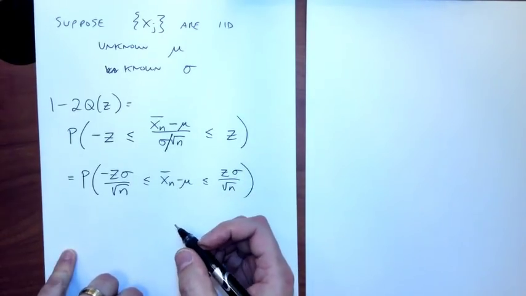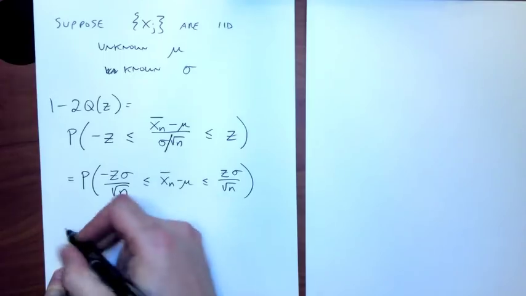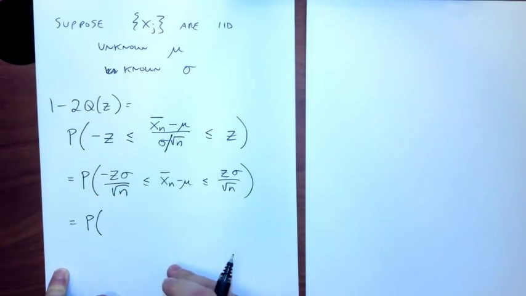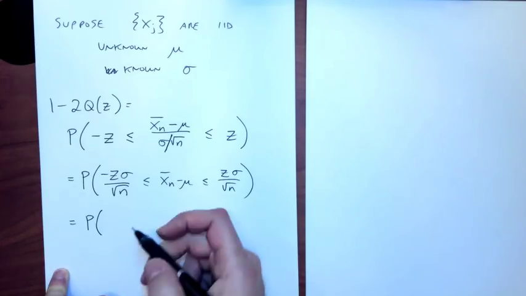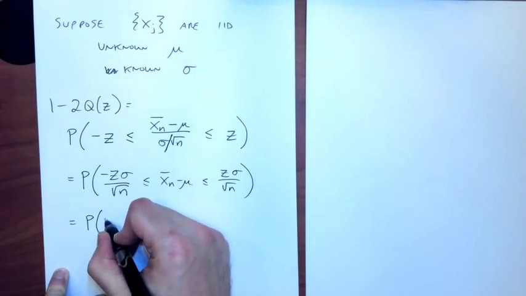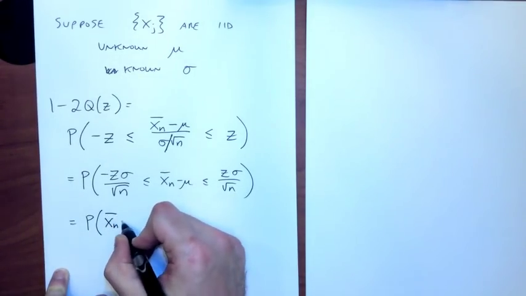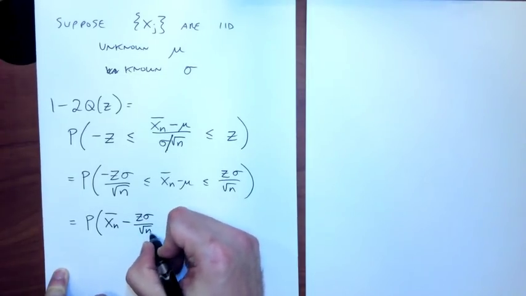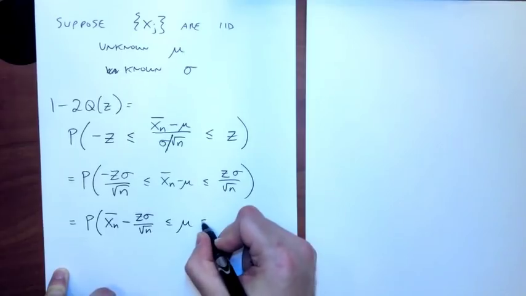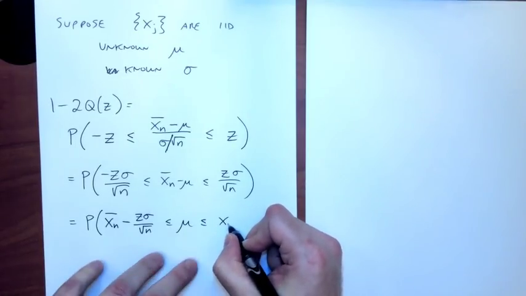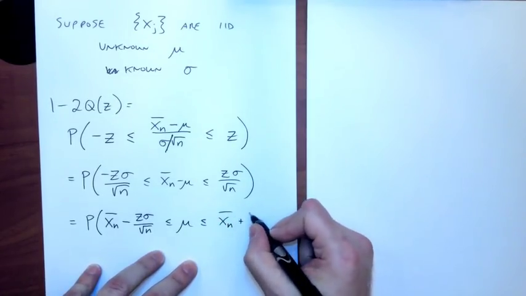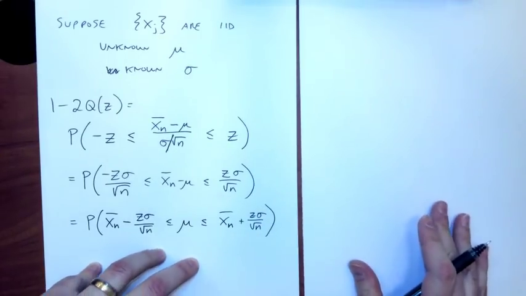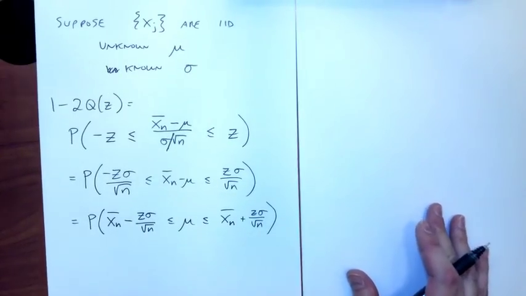Okay, and now I'm going to keep the mu in the middle, and I'm going to move the xn over. A little bit of arithmetic should convince you that this is true.